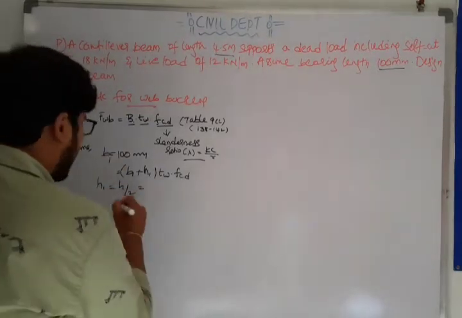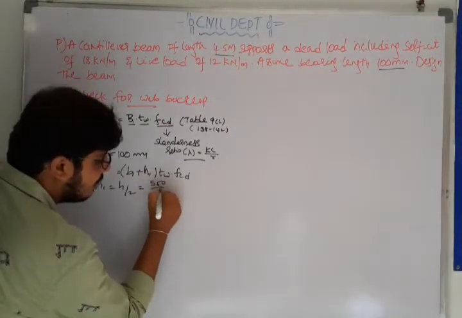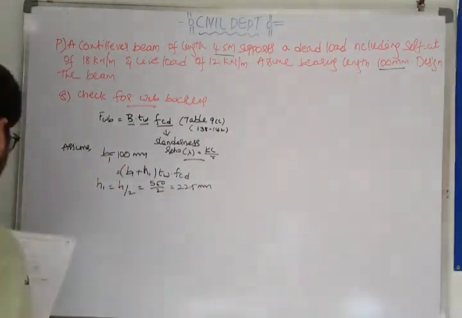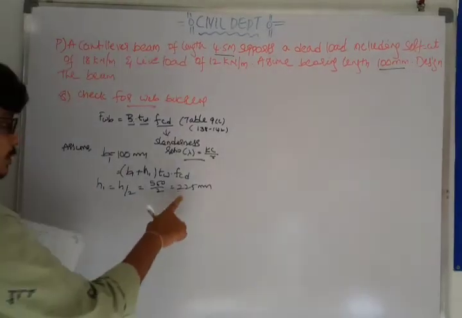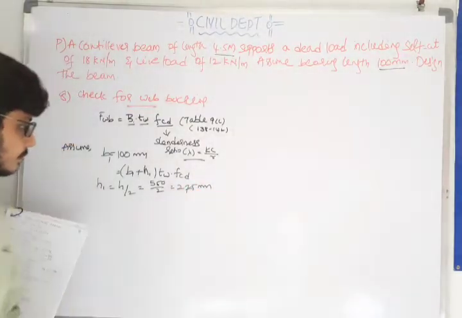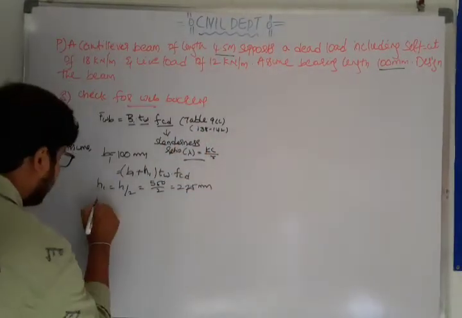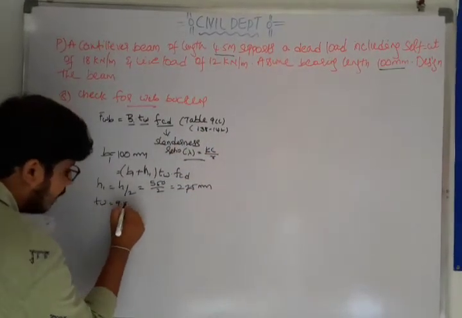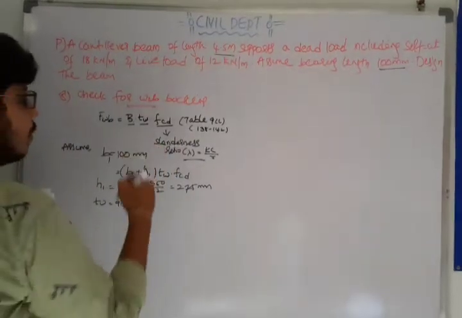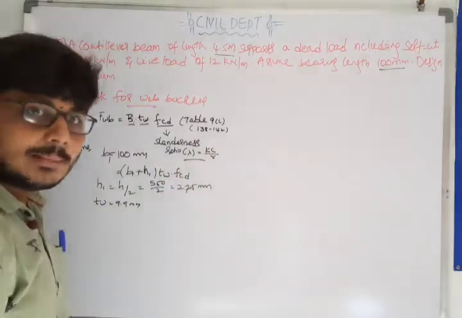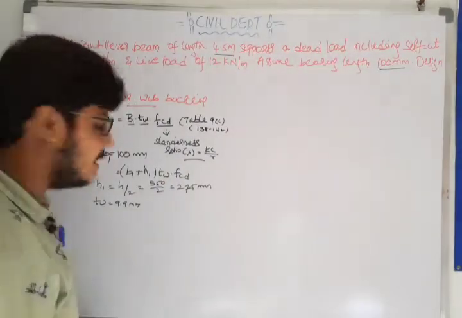The height of the section was 550, so 550 by 2 is 275 mm. Next, TW is 9.9 mm. We don't know FCD, but FCD depends upon the slenderness ratio KL by r.